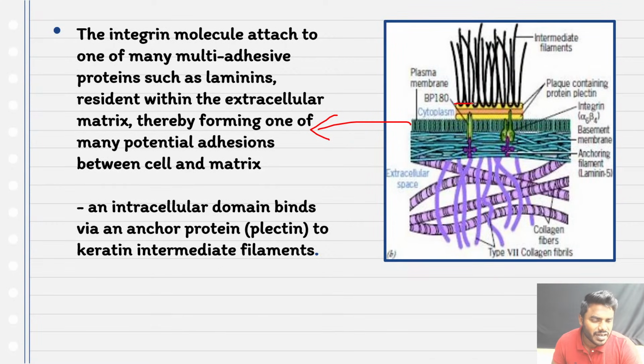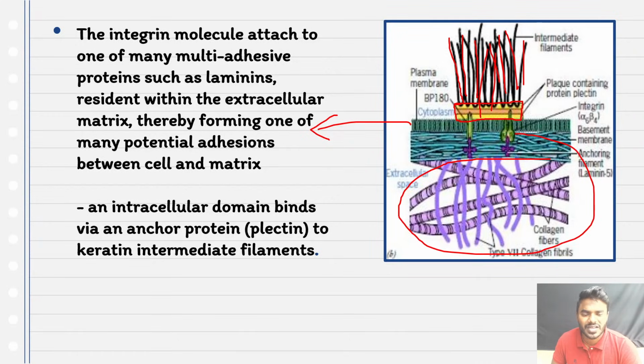This, which I am marking with the red color, is hemidesmosome. You all see these black color ones, these are all the intermediate filaments. What did I tell all of you? The hemidesmosomes connect the intermediate filaments to the ECM, extracellular matrix.